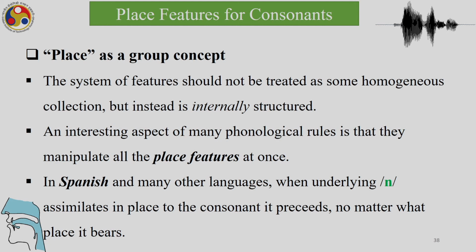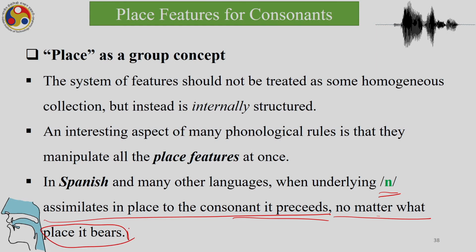So in Spanish and many other languages, when n assimilates in place to the consonant that follows, no matter what place it bears, it's a complete change to the place of the following consonant. If it is followed by p, then it can become m, which is bilabial. If it is a k, it can become ng because it's velar, etc.